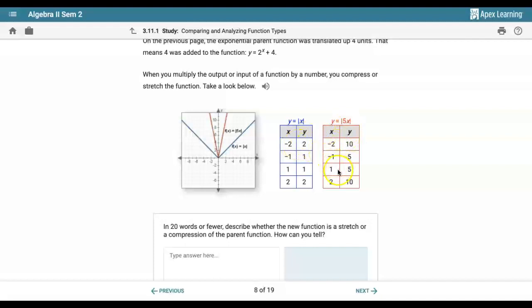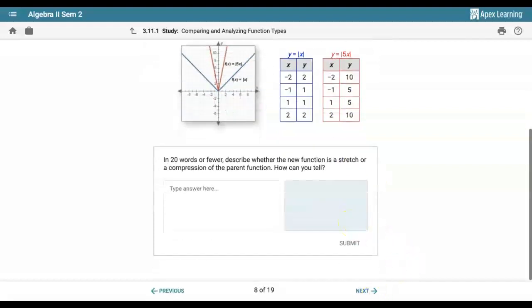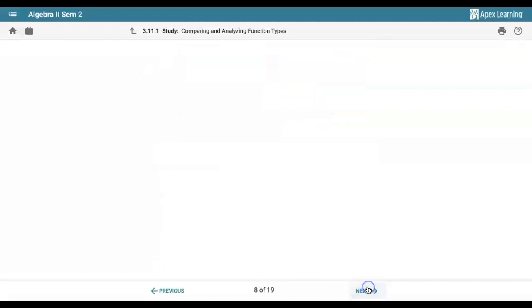And if we notice our values of x, they are the same, but the values of y have changed. They have increased by a factor of 5 for every value, again indicating you are stretching or changing along the vertical axis, since we're dealing with our y.